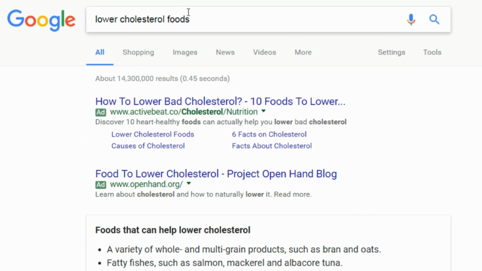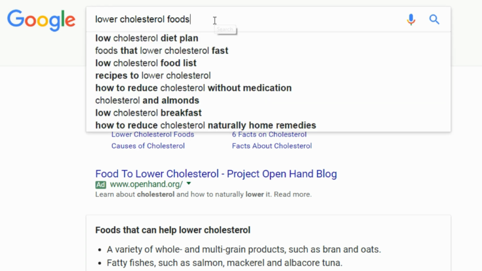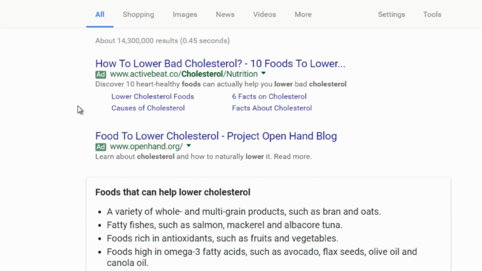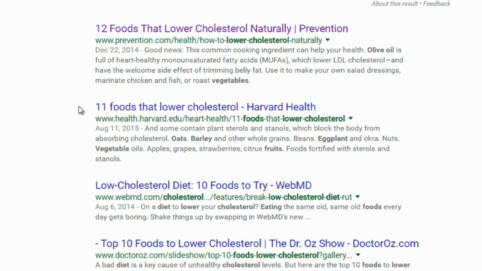So, lower cholesterol foods. You'll notice that in the previous search we saw a lot of foods and a lot of natural remedies. So let's focus on that, because that seems to be what people are searching for. Let's type in lower cholesterol foods and see what we get. If we scroll down, we can see top 12 foods that lower cholesterol.